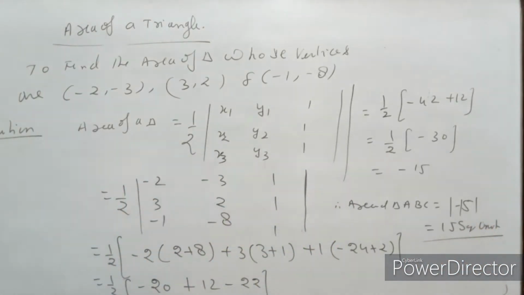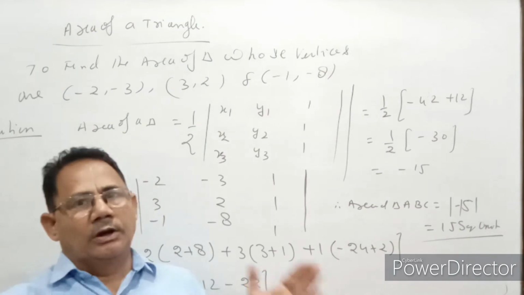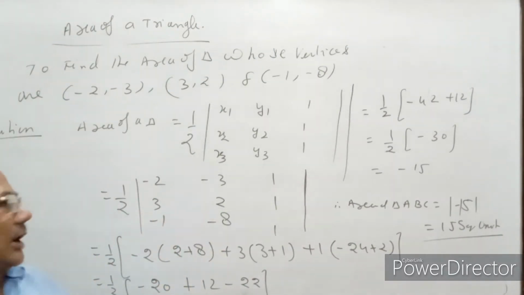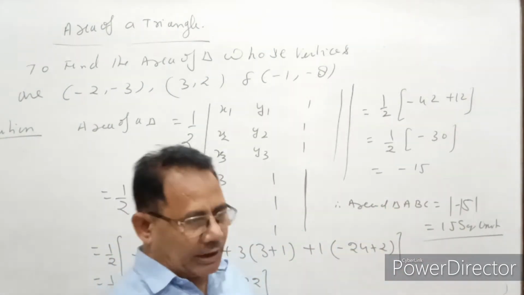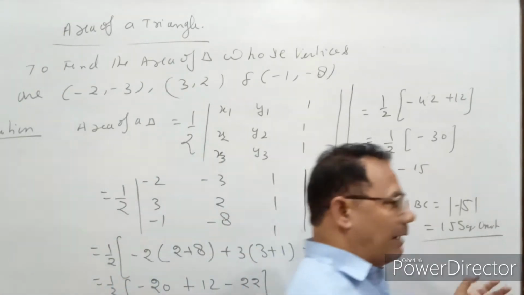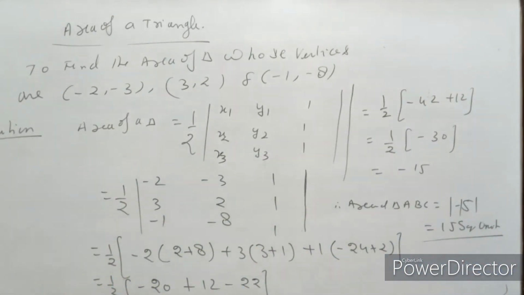Always remember that the value of this determinant may be negative or positive, but we always write the area of the triangle as the absolute value because it is always positive.